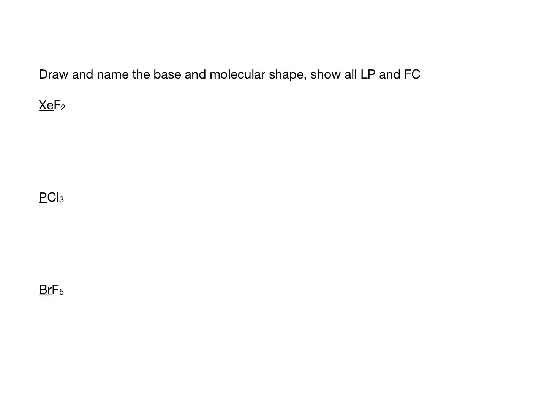For XeF2, our valence electrons are 8 plus 2 times 7. So when we put xenon in the center, we're going to put our 2 fluorines out here. When we create octet, we've now used 16 of our 22 electrons. So there are 3 lone pairs left.